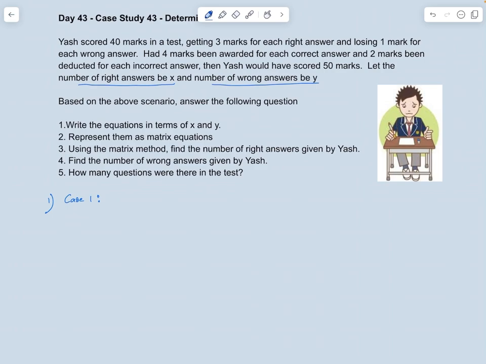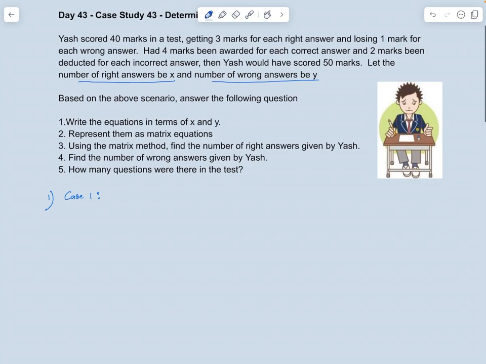Yash scored 40 marks. 3 marks are awarded for each right answer and minus 1 for each wrong answer. So the equation is 3x plus minus 1 times y is equal to 40. That is 3x minus y is equal to 40. Let's name this equation 1.